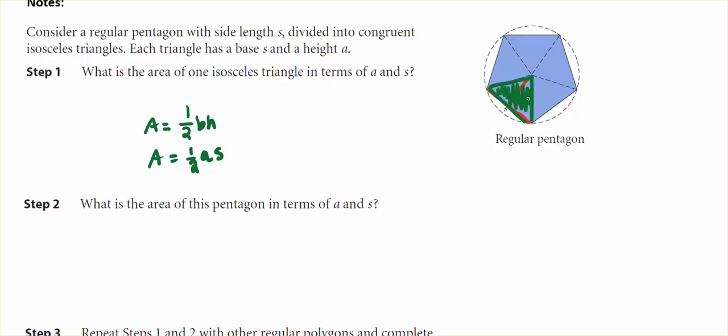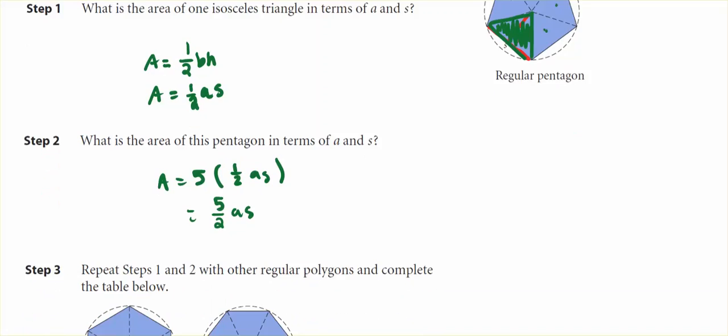Because this is a pentagon and we've divided it into 5 congruent isosceles triangles, we can take this area and multiply it by 5. So the area of the pentagon would be 5 times 1/2 AS, or you can think of that as 5 halves times the apothem and the length of the side.